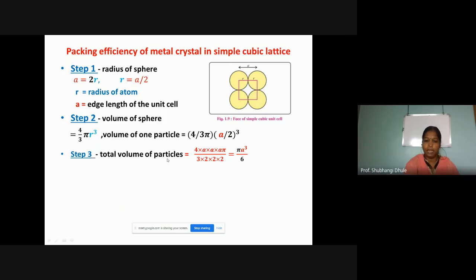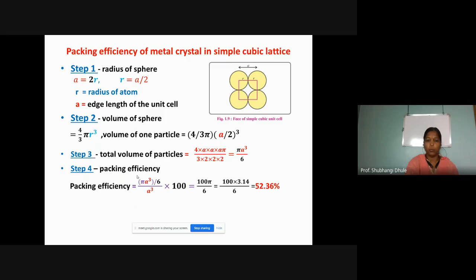And then the last step is the packing efficiency. It is very easy to calculate the packing efficiency in the fourth step. So there are a total of four steps, because if you divide this into steps, it will be easy. Packing efficiency is the total volume of the particles in the unit cell, pi a cube divided by 6, divided by the volume of the unit cell, and because the shape of the unit cell is cubic, the volume of the unit cell becomes a cube, and multiplied by 100.